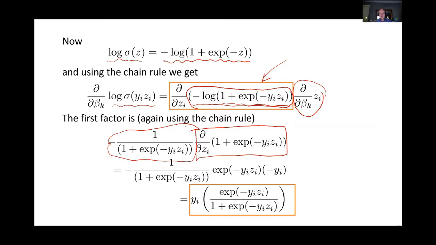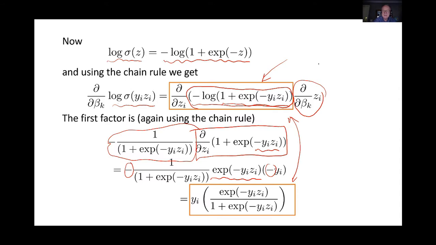The derivative of the exponential function is the exponential function, times the derivative with respect to zi of what's inside, and that's minus yi. Altogether, the minus we had out in front and the minus coming from here cancel to give a plus 1. So the derivative of what's inside the box is yi, and then in the numerator exp of minus yi times zi, and in the denominator 1 plus exp of minus yi times zi. So that was the first part.